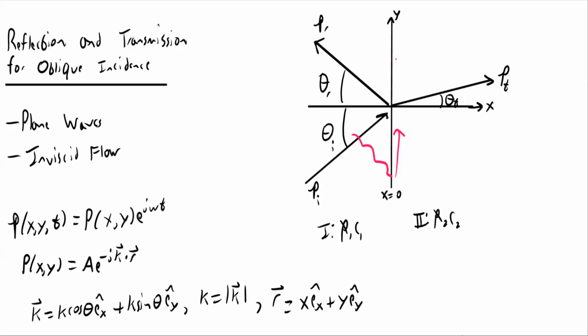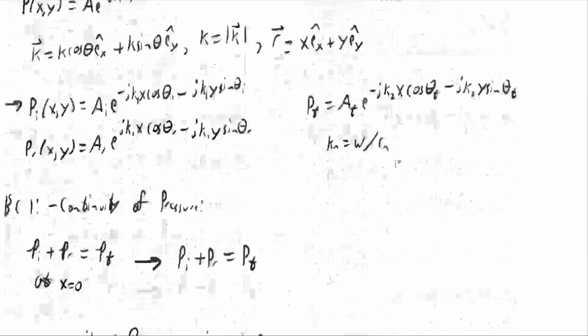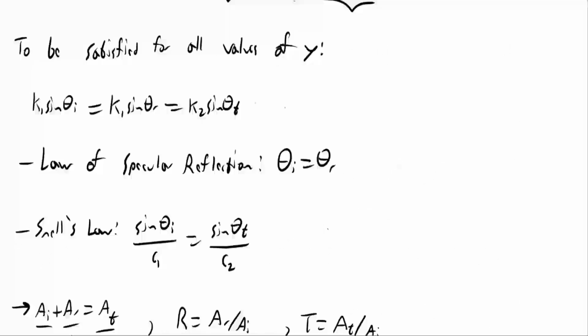So the apparent speed at which this waveform travels along, in this case, the vertical axis, is known as the trace velocity. And it turns out the trace velocity in medium 1, from the incident and reflected, is equal to that in medium 2 with the transmitted. And so let me write that over here.